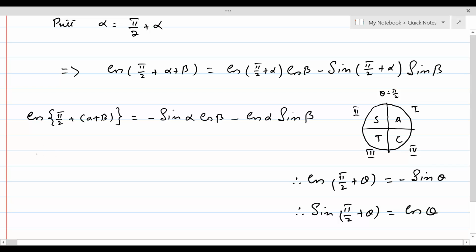This means this will become equal to sine of alpha plus beta. Because of pi by 2, this will become sine of alpha plus beta.